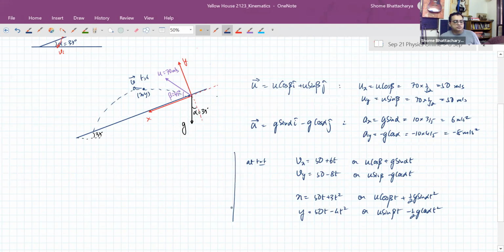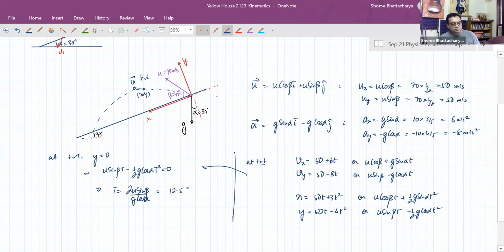Now we can see that at t equal to capital T, the y coordinate is 0. So that's our time of flight.